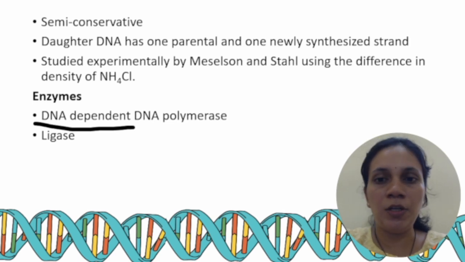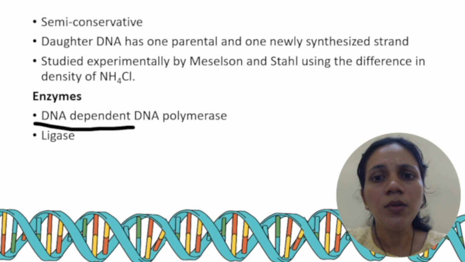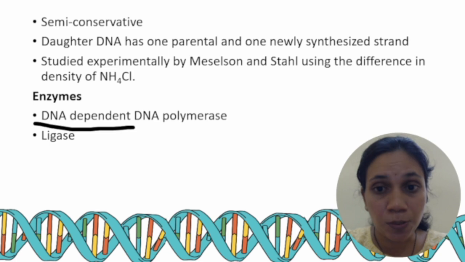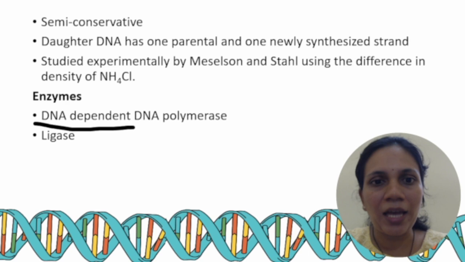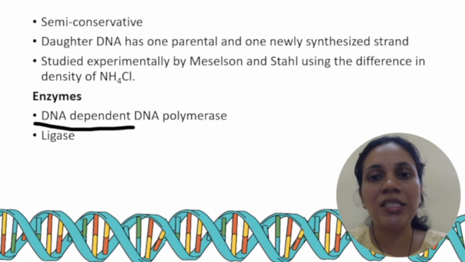So for example, if you take E. coli, it is said that almost 4.6 into 10 raised to 6 base pairs can be replicated within 18 minutes. So if we calculate on an average, say 2000 base pairs can be replicated per second. So you can see the speed. Okay, it is very efficient.